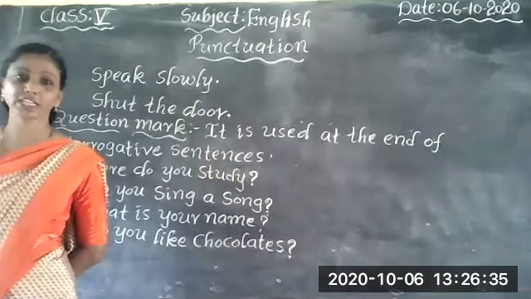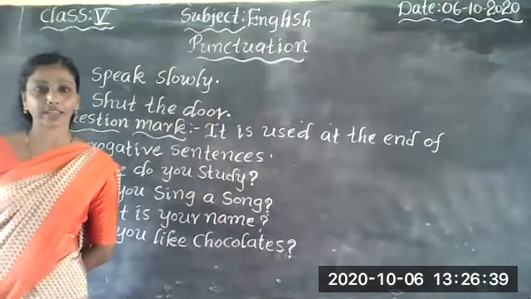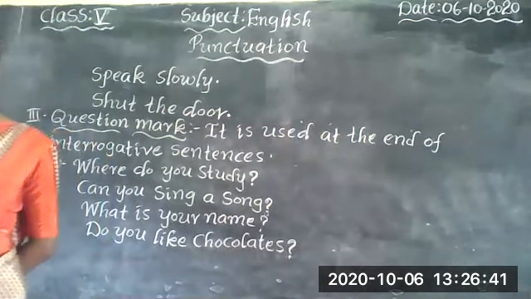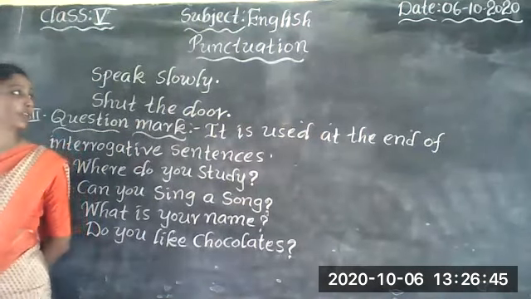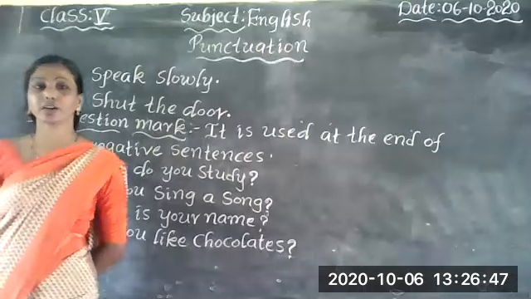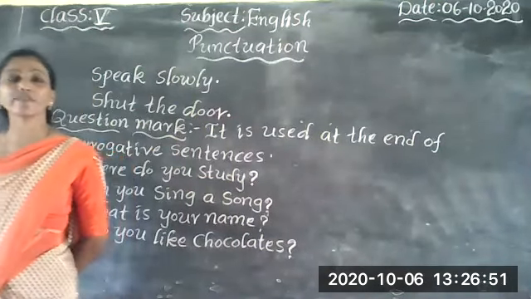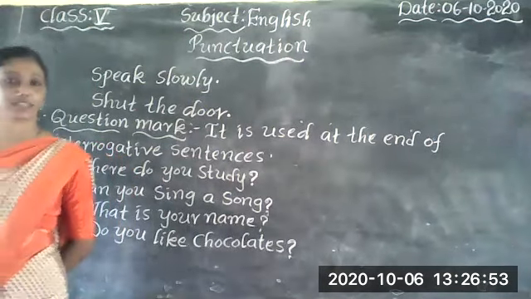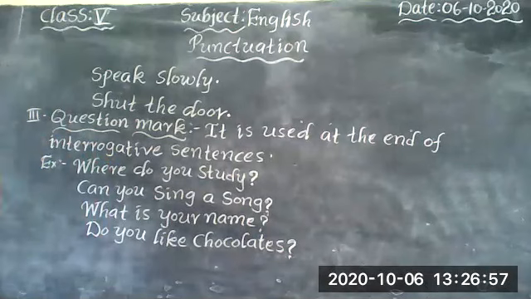And after that, full stop. At the end of the assertive sentences and imperative sentences, we use full stop. And the next punctuation is question mark. Where do we use question mark? At the end of interrogative sentences. Is it clear, students?